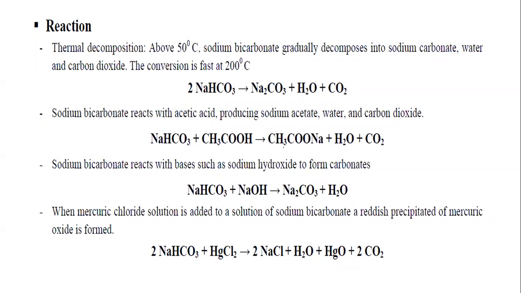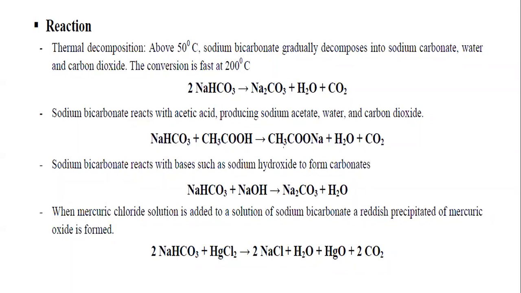Last reaction is with mercury chloride solution, that is HgCl2. When mercury chloride solution is added to a solution of sodium bicarbonate, a reddish precipitate of mercuric oxide, HgO, is formed. Along with this, you get byproducts, that is sodium chloride, water and carbon dioxide.